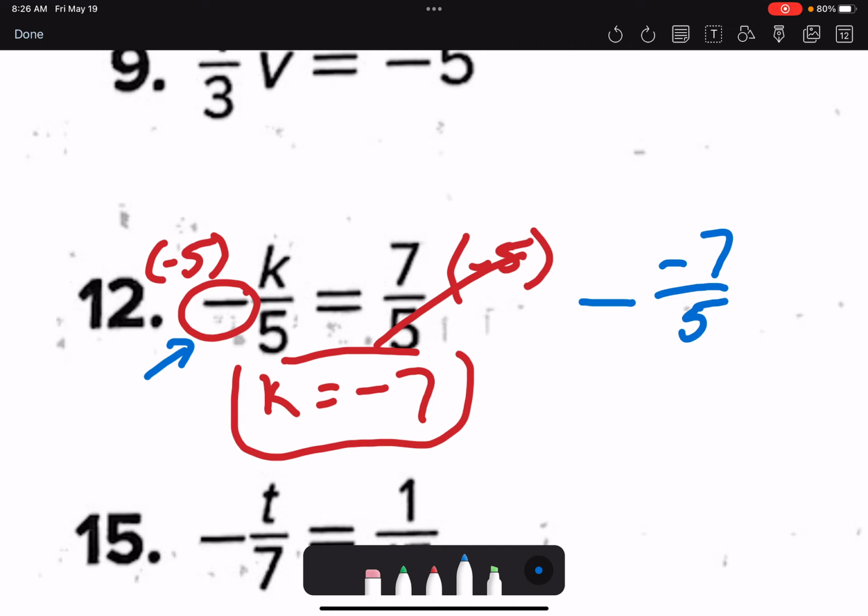Now, 7 over 5 doesn't reduce, but I want you guys to know that is a negative on the outside. And it's timesing this negative. And a negative times a negative is a +7 over 5. So I am correct. It does work out.